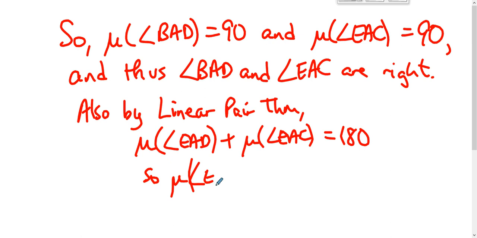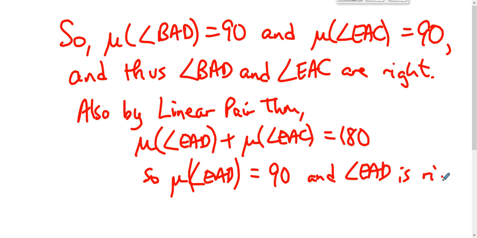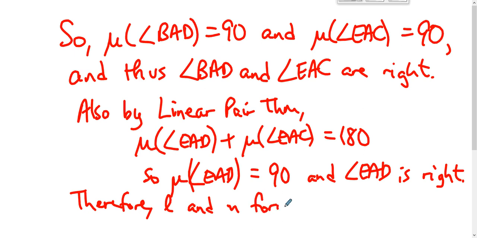So the measure of angle EAD is 90 and EAD is right. Therefore, L and M form 4 right angles. Done.